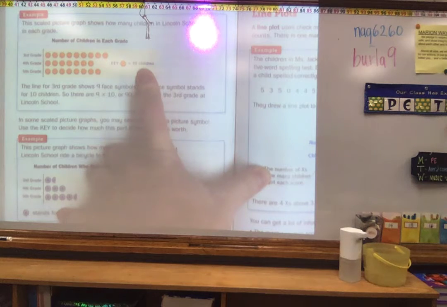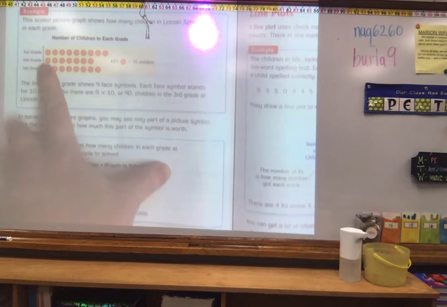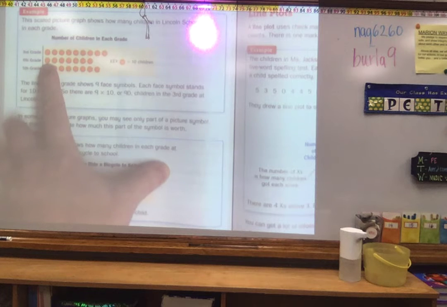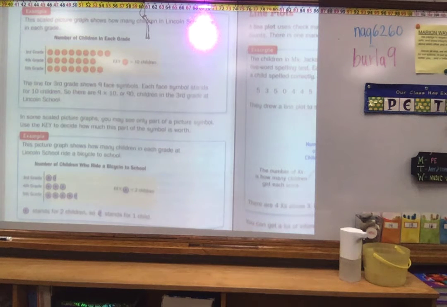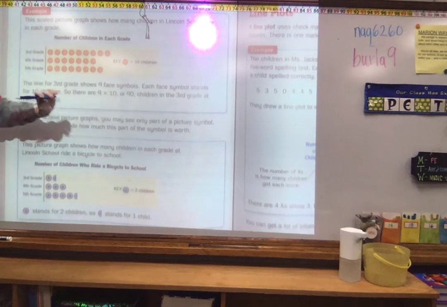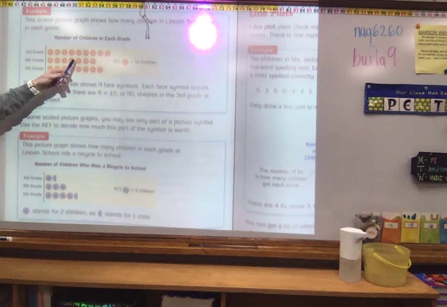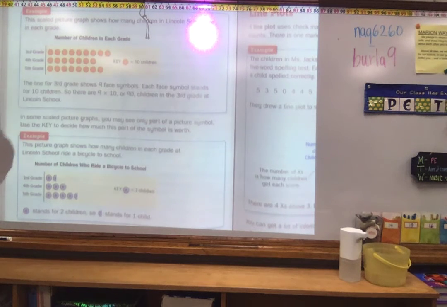Yes. So for 4th grade, how many kids are in 4th grade? 70. So if each smiley face stands for 10 children, we would count by tens. 10, 20, 30, 40, 50, 60, 70.